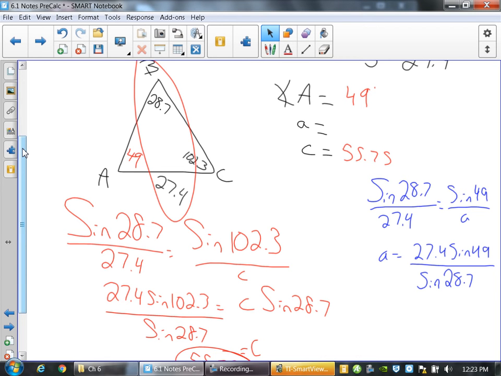You have to reset it. Did you get 43.07? Once you set it to degrees, you have to click OK, and then go to your document, and now it should work.